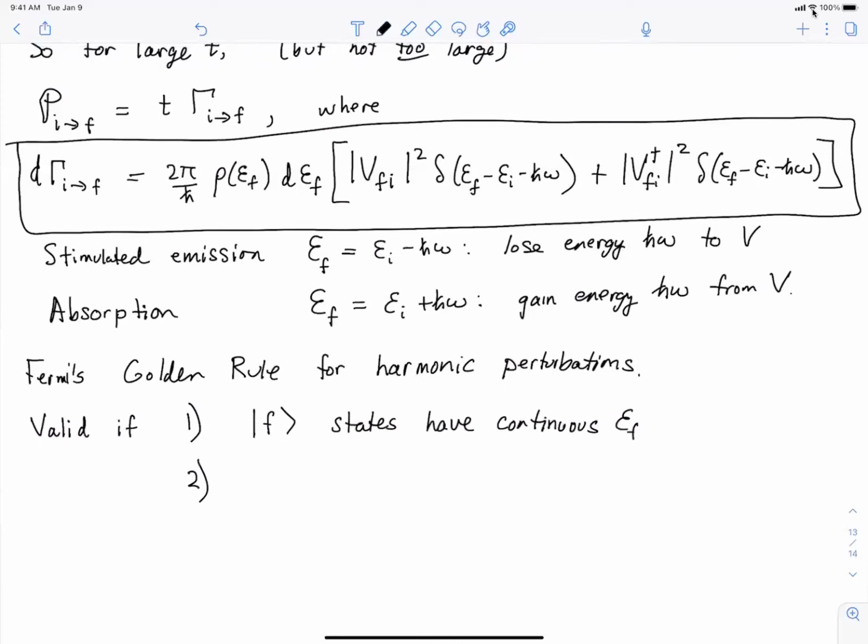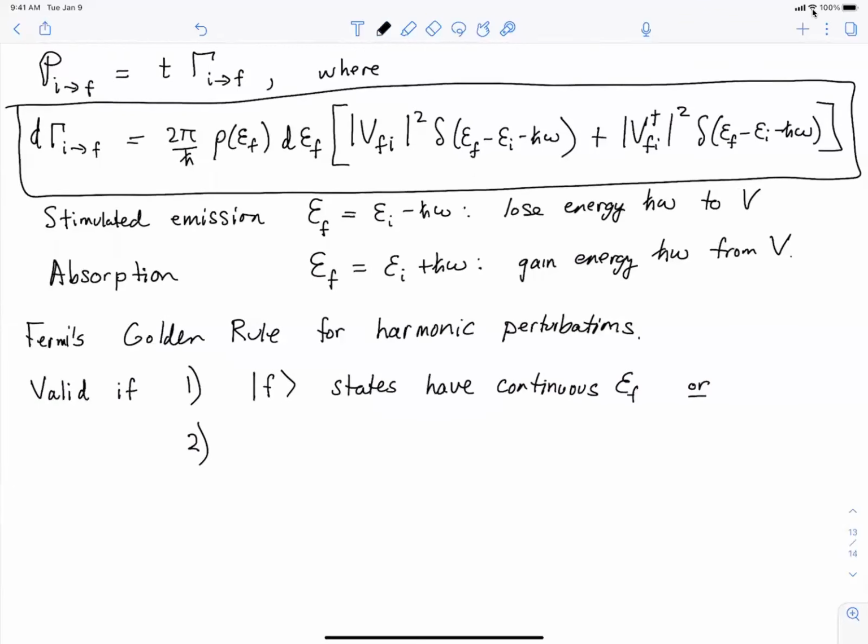That was the case for the constant perturbations too, but for harmonic perturbations, there's another case where this is also valid, and that's if the perturbation frequencies are continuous. So the formula is valid as long as you have something to integrate the delta function over. In this case, if the perturbation frequencies omega are continuous, then you would integrate that expression over the frequency, and that would get rid of the delta function and give you a number.